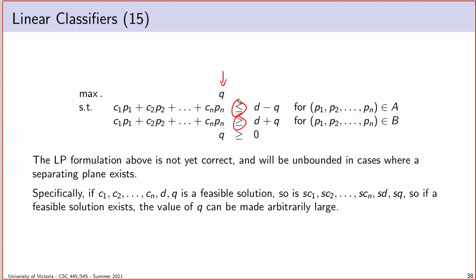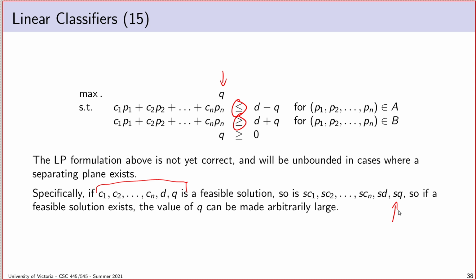And this results in quite a problem, because it means if I find any feasible solution, so the optimization variables are the C's and D and Q, an arbitrary multiple of that solution will also be a feasible solution. And that's not normally a problem, except for the fact that I'm maximizing Q. So if I can multiply the solution by any positive value and get an equally valid solution, the problem is just going to be unbounded. Always, pretty much. And that's not acceptable.